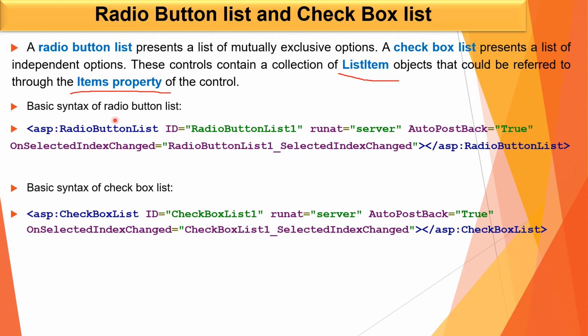So what is the basic syntax of the RadioButtonList and CheckBoxList? It is asp:RadioButtonList ID equal to, in double quotation marks, RadioButtonList1, runat equal to server.